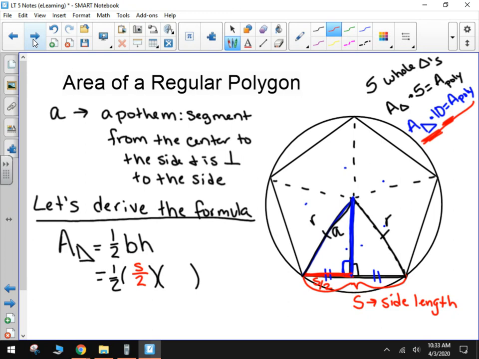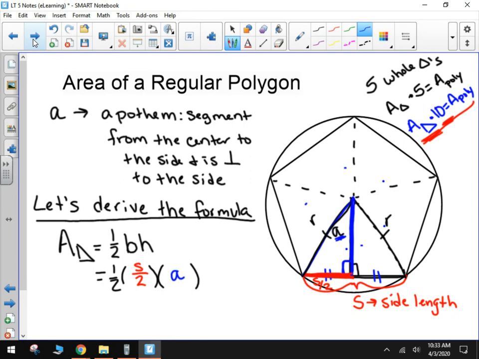That makes the altitude or the apothem go through the midpoint and cut the base in half. So if the whole base is S, then this half has to be S divided by 2. Now I need the height. The height of my right triangle is here. And remember, we labeled that A for apothem, so that's going to be my A.